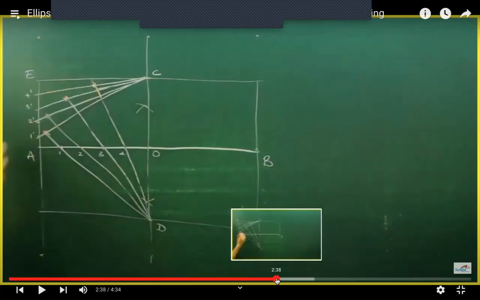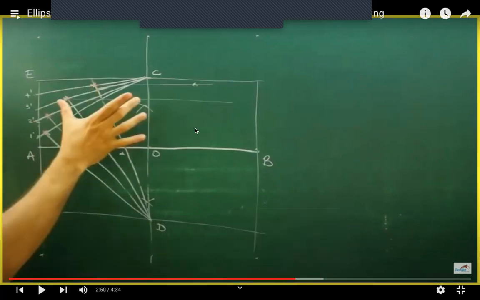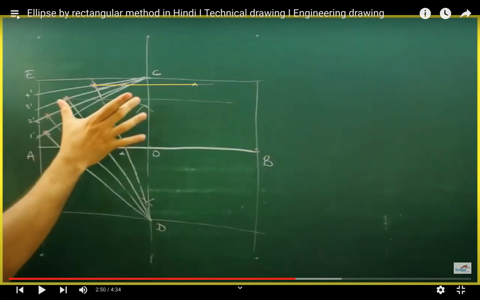Once you got this point, you need to transfer this point horizontally. See what you have to do. Draw a horizontal line. If you want to see, I'll just show you here. Just draw a horizontal line, and whatever distance you have, you cut it over here.